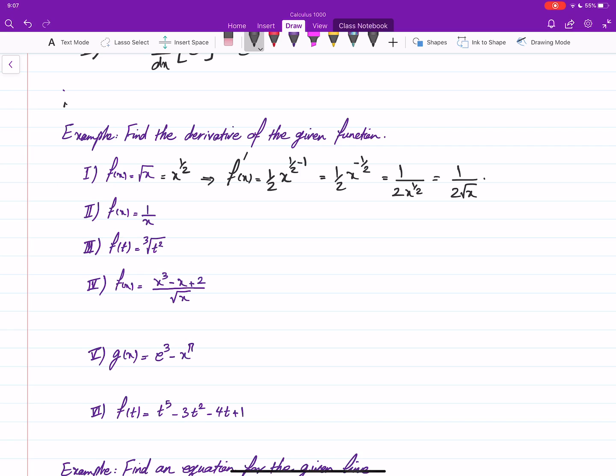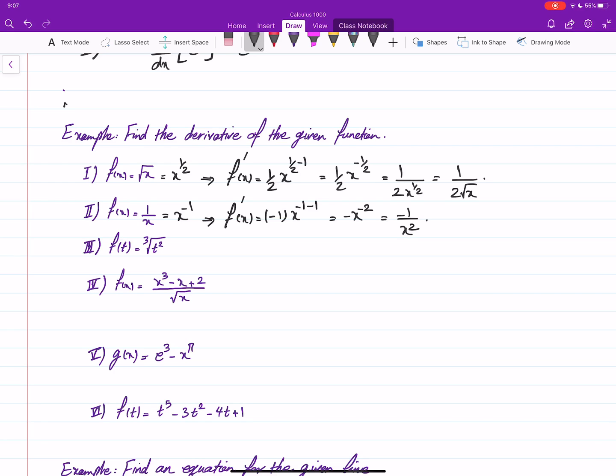Okay, and how about 1 over x? 1 over x is the same thing as x to the power negative 1, so you differentiate that using the power rule, n x to the power n minus 1. This is negative x to the power negative 2, and this you can take to the denominator.